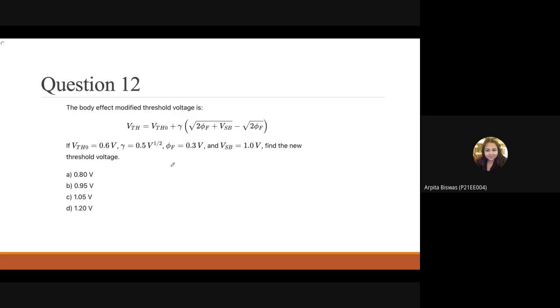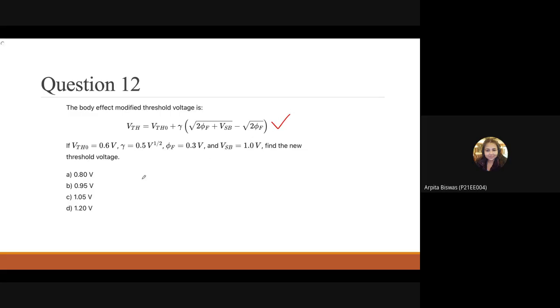So check the calculation. VTH is VTH0 plus gamma into root of this whole portion. Just try at least to calculate it again. Ma'am, is it the first option only? No, I think it is not the first option.